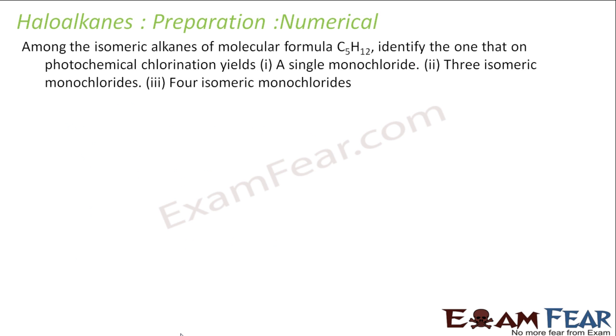The question says, amongst the isomeric alkanes of molecular formula C5H12, identify the one that on photochemical chlorination yields one single monochloride, the one that yields 3 isomeric monochlorides, and the one which yields 5 isomeric monochlorides.